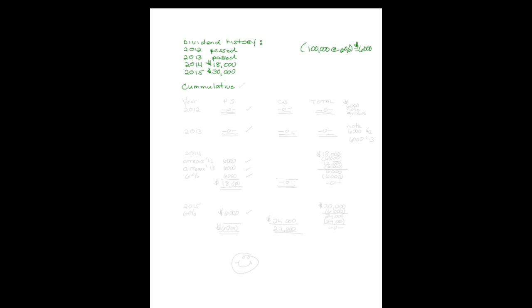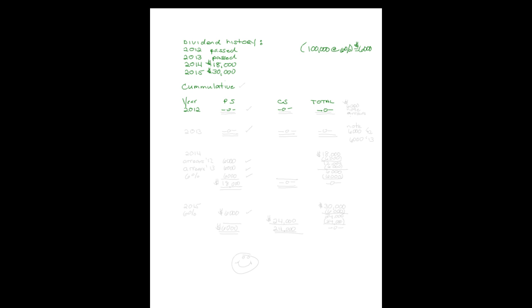And the first thing we're going to do is make a little worksheet where we're going to look at the year, preferred stock, common stock, and we'll keep our eye on the total. So in 2012, no dividend was declared. And no dividend was paid to preferred stock.